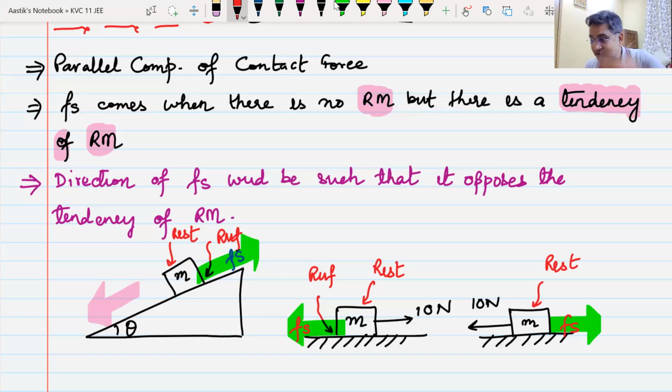Now static friction just changes its direction and says, okay, I will now go on right. You can't fool me. Static friction is smart. It keeps on changing its direction. It understands the feeling of the body.